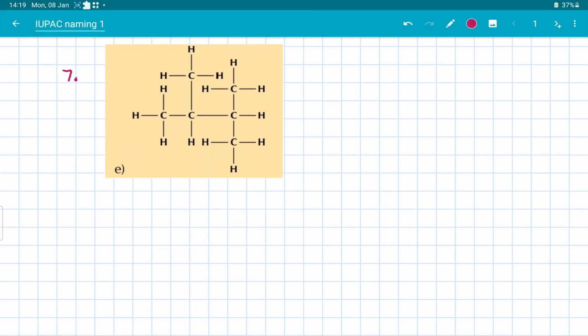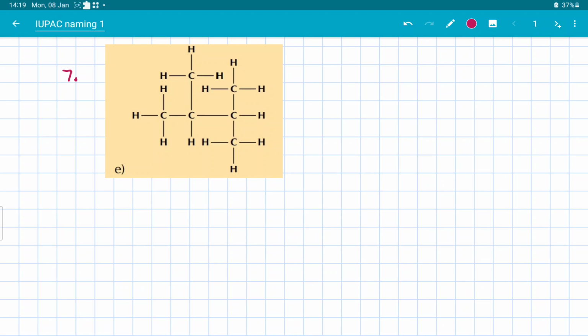There are clearly branches here. No double bonds again. So whenever you have two branches, especially if they are identical, start on the side where the first branch is closest.